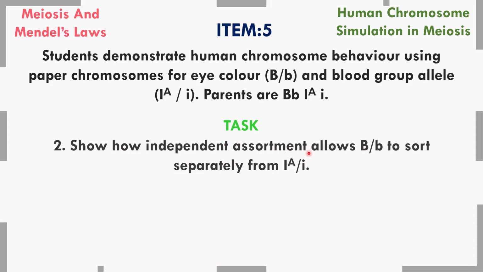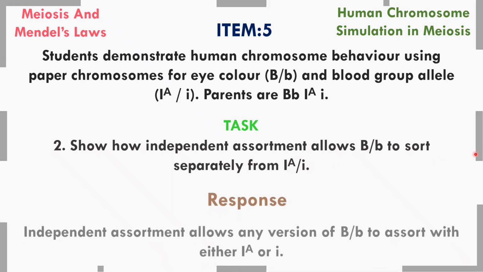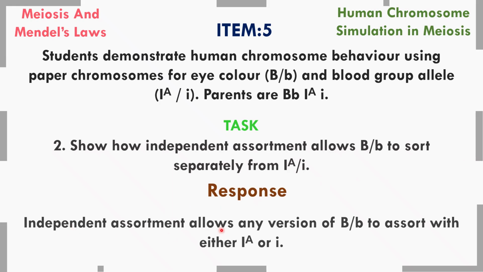Independent assortment allows any version of B or b to sort with either IA or i.